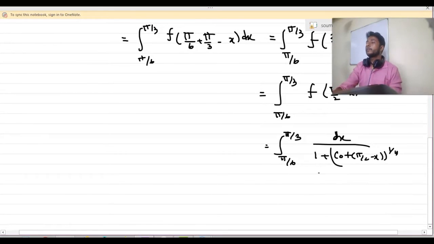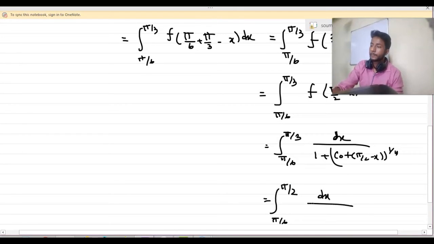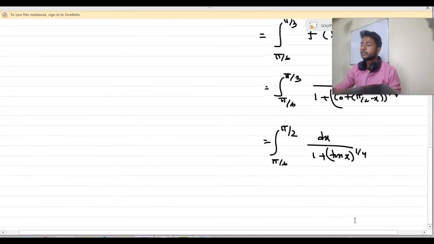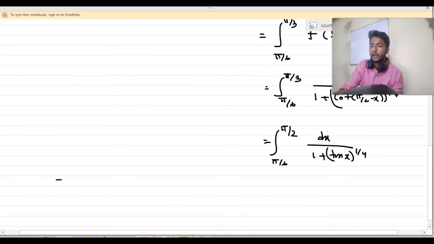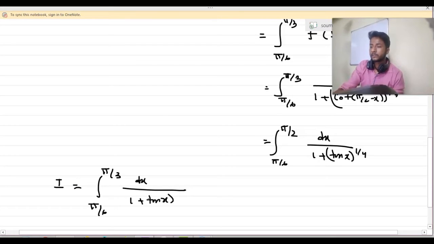We know that cot(pi by 2 minus x) is nothing but tan x. So this is integration pi by 6 to pi by 3 dx by (1 plus tan x) whole to the power 1 by 4. So we got I equal to integration pi by 6 to pi by 3 dx by (1 plus tan x) whole to the power 1 by 4.